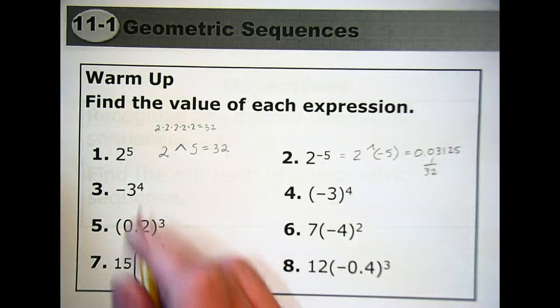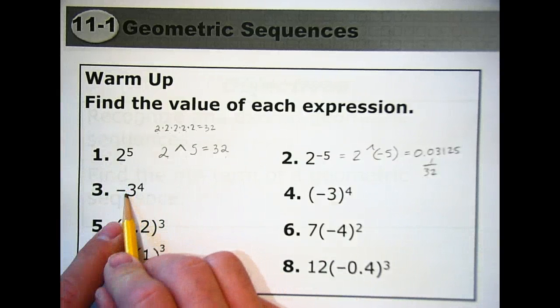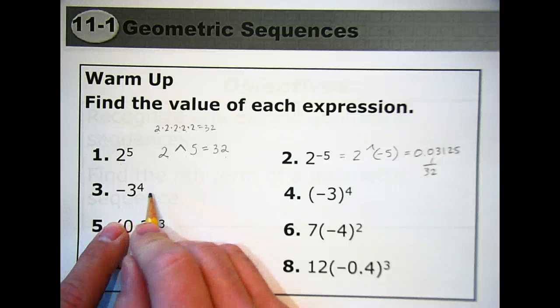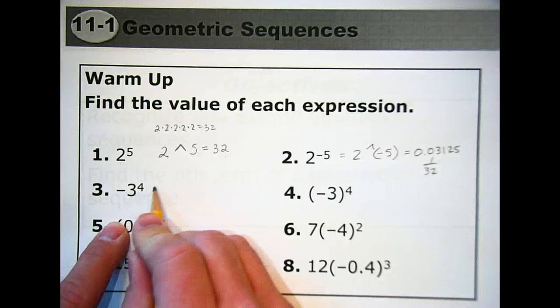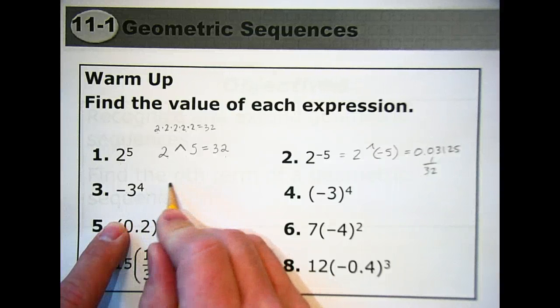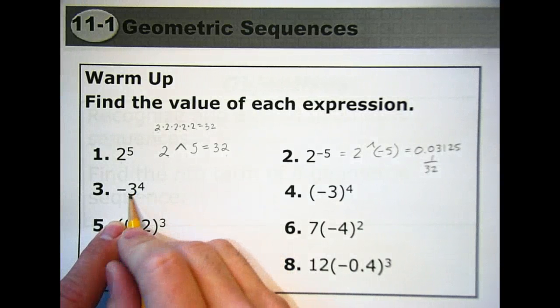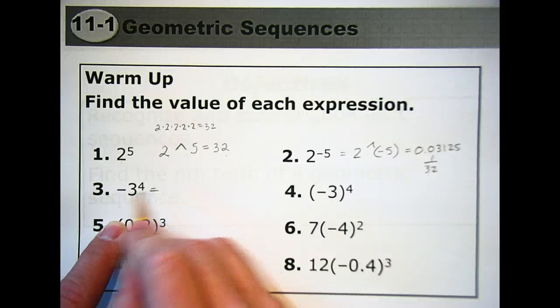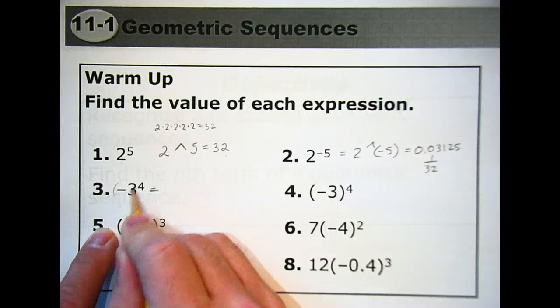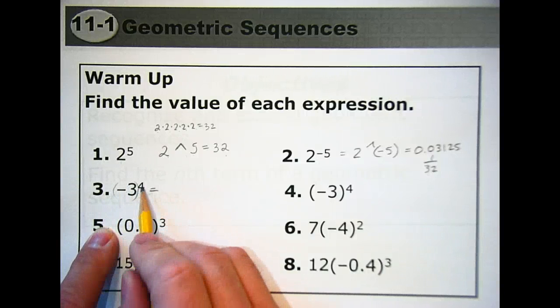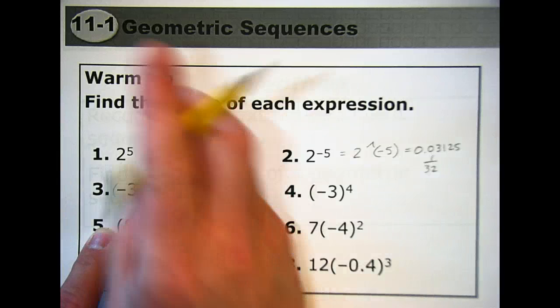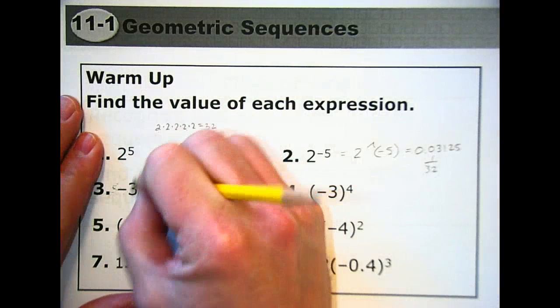Okay, so negative 3 to the 4th is a bit different. This one, if you put it into your calculator, many of you probably got 81 or negative 81. How many got negative 81? How many got 81? Good. So this negative sign, since it's not inside of parentheses, you're not raising negative 3 to the 4th power. You're only raising 3 to the 4th power.